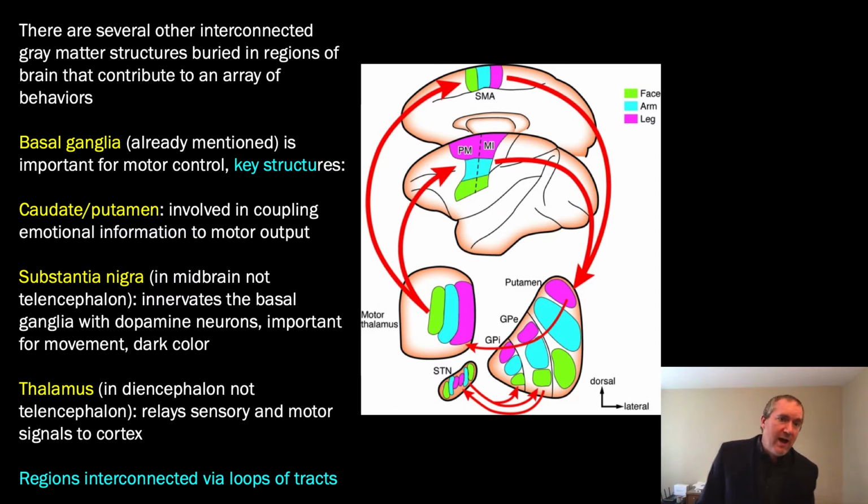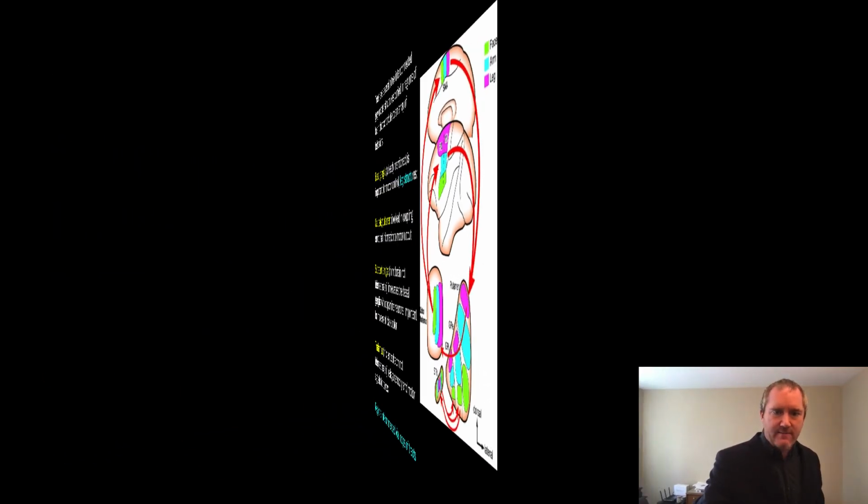If we're in chronic pain, like your leg is in chronic pain, that is going to influence how we feel pain and everything. All experience will be changed. But a lot of that relay to the cortex occurs through the thalamus. So this is sort of like a relay hub. And all of these regions are interconnected through loops or tracts.